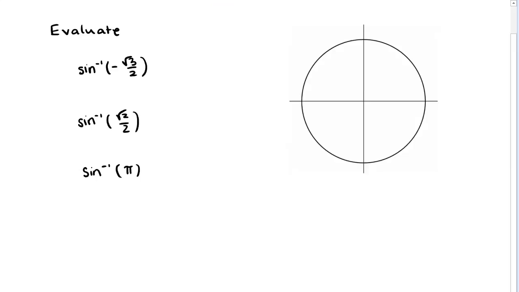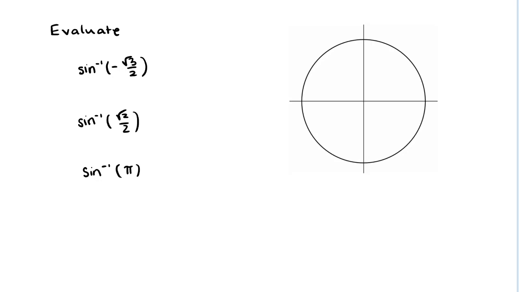Okay, so how do we evaluate this sine inverse function? The idea is that the inputs of the sine inverse function are going to be y coordinates on the unit circle, right? These are going to be the outputs of our original sine function, but they're only going to give us angles between negative pi over 2 and pi over 2.